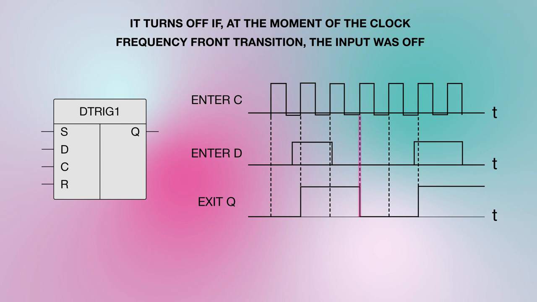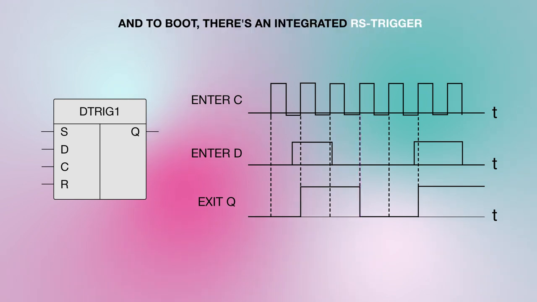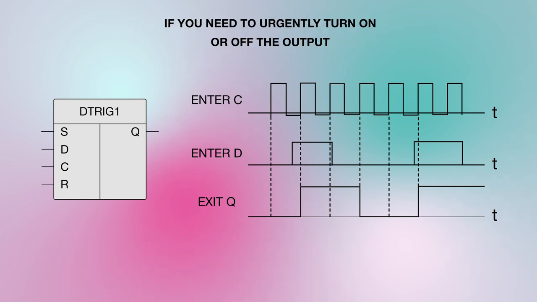It turns off if, at the moment of the clock frequency transition, the input was off. And to boot, there's an integrated RS trigger with a priority on turning off, if you need to urgently turn on or off the output.